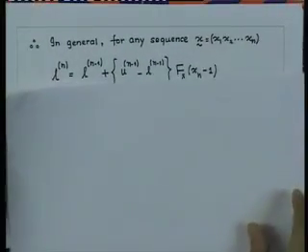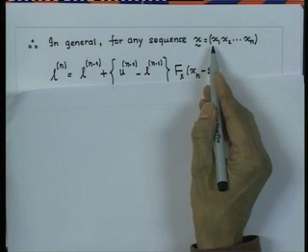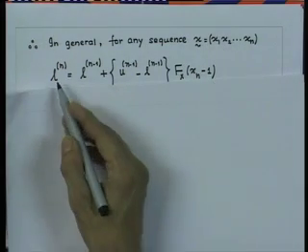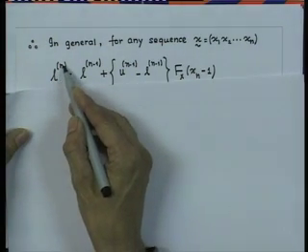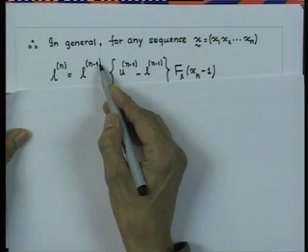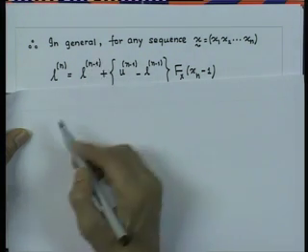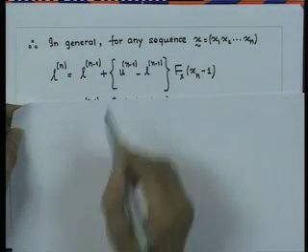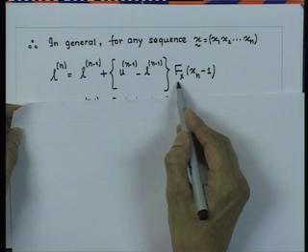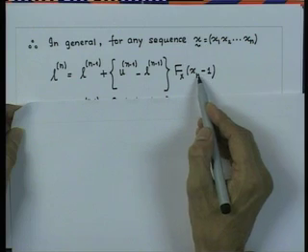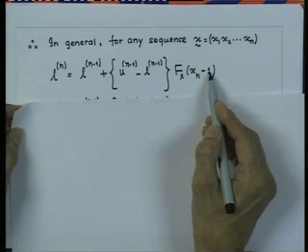So, in general for any sequence which consists of n symbols, it will be given as Ln is equal to the lower limit of the sequence of length n minus 1, plus the difference of the upper limit and the lower limit for the sequence n minus 1, times the cumulative distribution function for the current symbol minus 1.